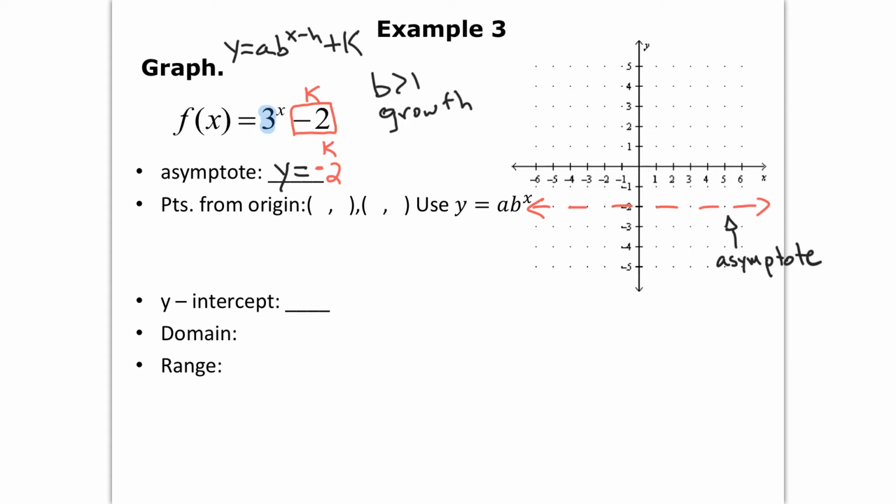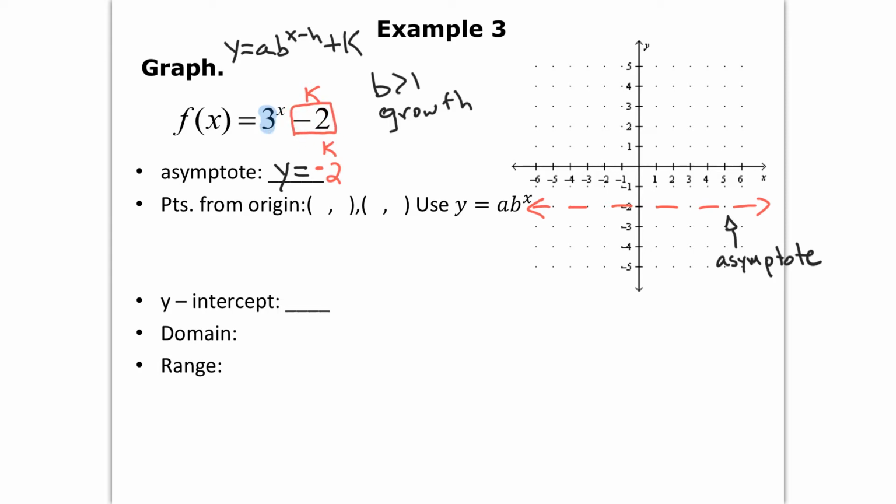The next step is to find 2 points that are going to help us graph the actual curve, the exponential function. This is where you have to understand what the function means. Notice that in the general function, when there's a transformation, you can have a number in front of the base, you can have a number after the x, and you can have a number at the end of the function.